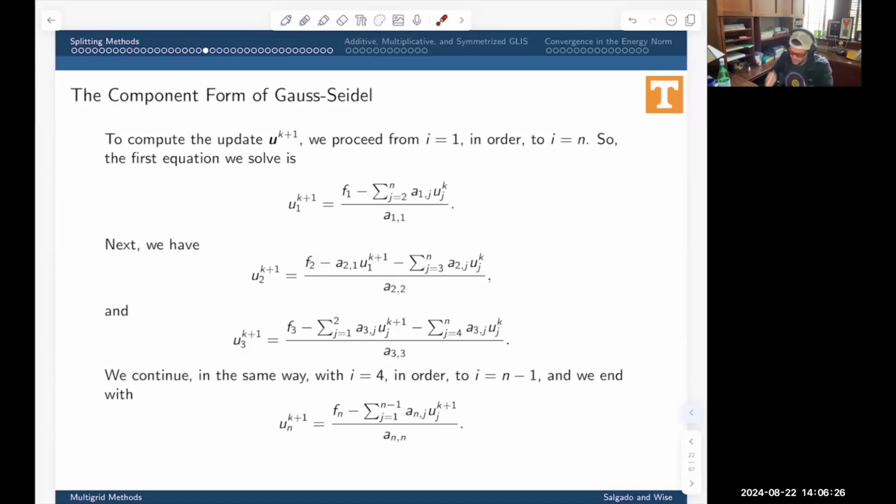I can do I equals 4 to I equals N minus 1 in exactly this fashion. But when I get to I equals N, I'll see that I've run out of these old components. They don't appear anymore. I'm using only the new components that I just found, and I can compute the nth one. So this begs an ordering of the updates.